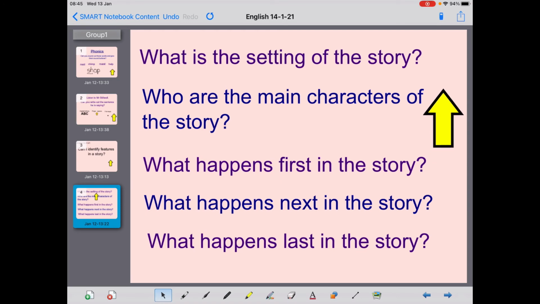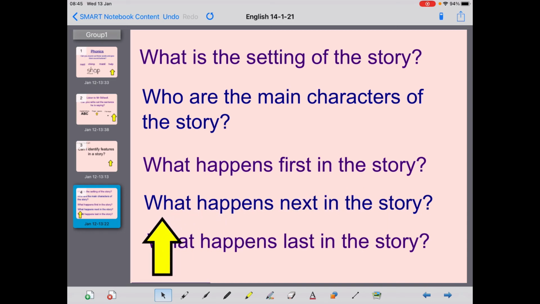Question number 2 is, who are the main characters, so the main people of the story? Again, can you write that in your book as well for me? That's question number 2. Question number 3, what happens first in the story? So what did you hear first in the story?